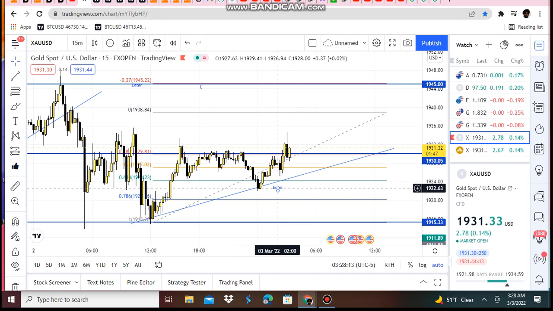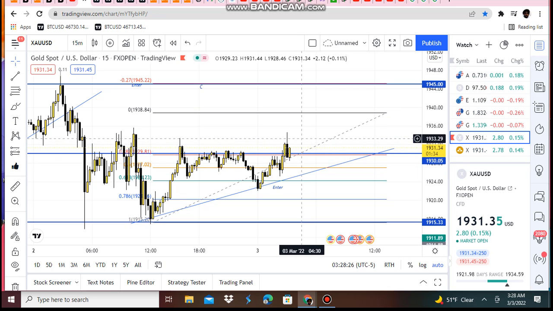We could have entered right here at 1922, and price has now just broken above the 0.382 level, as it went all the way back down to 0.618, then heads back up to 0.5, finally breaking above 0.382 and is pushing all the way up to 1938, and then eventually the 27 extension, 1945.